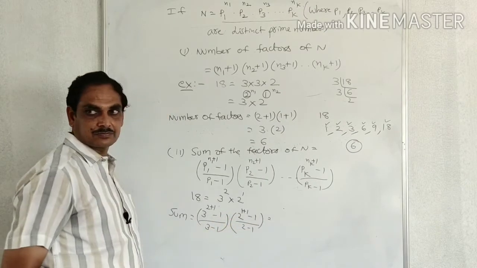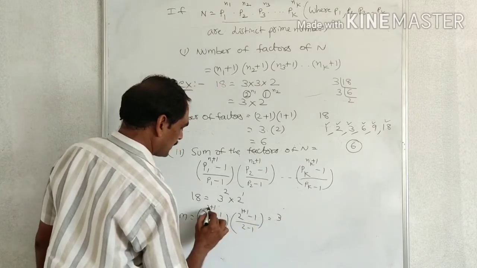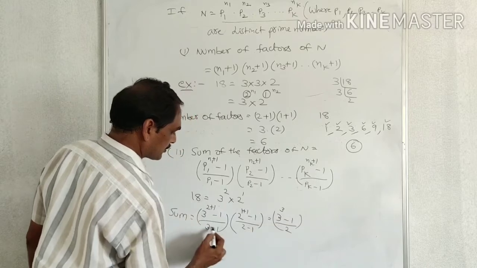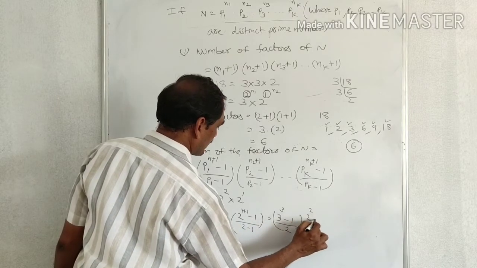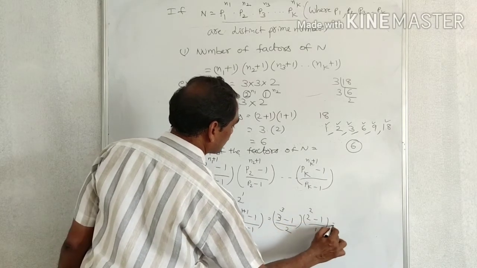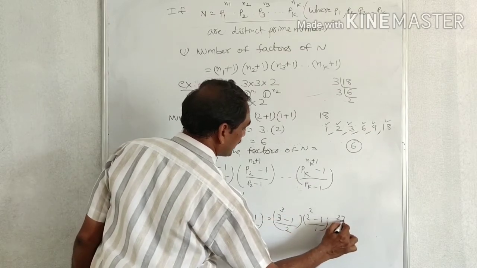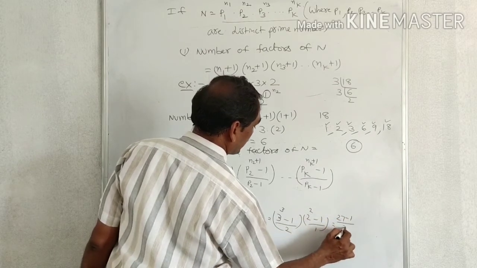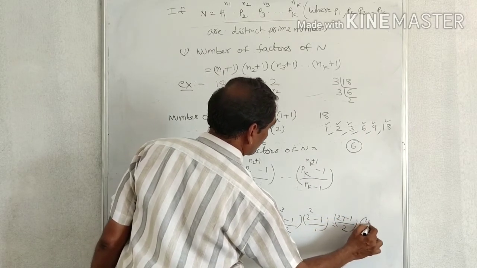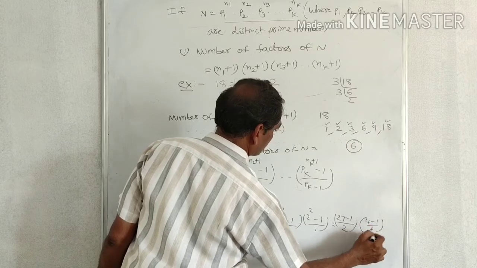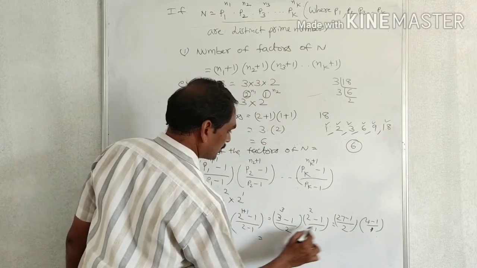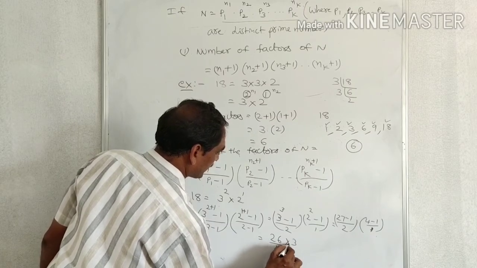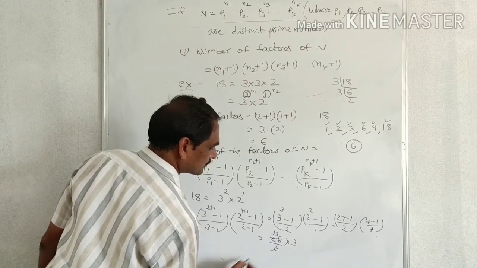That is (3 cubed minus 1) by 2 into (2 square minus 1) by 1. 3 cubed is 3 into 3 into 3, 27, minus 1, by 2, into 4 minus 1 by 1. So that is 27 minus 1 is 26 by 2, into 3.